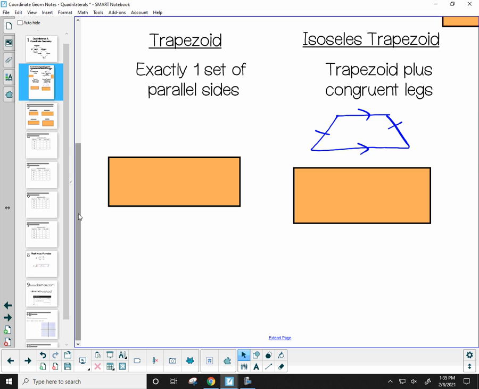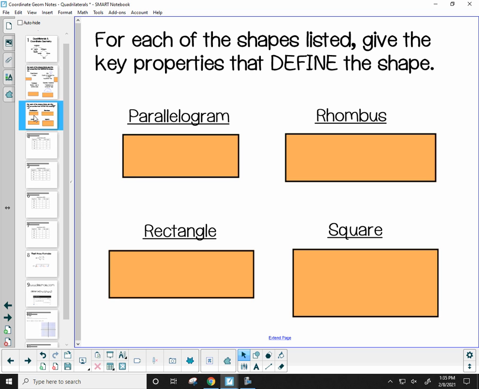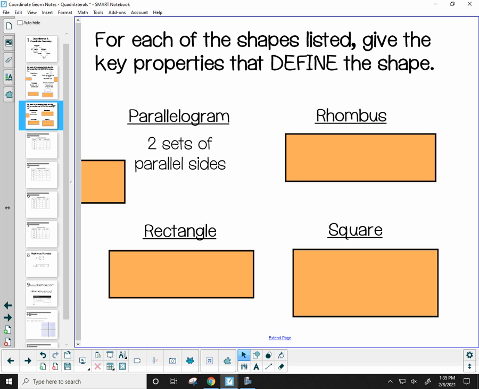Okay, next is a parallelogram. So the parallelogram we know has two sets of parallel sides. Okay, so now the rest of these are all special parallelograms, right?